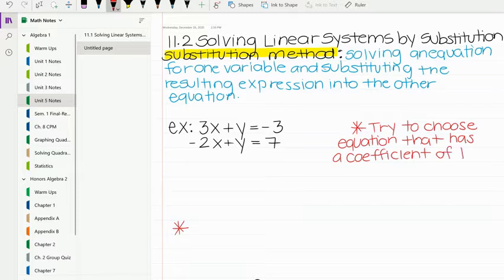A lot of students say, oh, because it doesn't have a coefficient. But everything has a coefficient. If there's no number there, it's just 1. But you want to choose an equation that has a coefficient of 1.